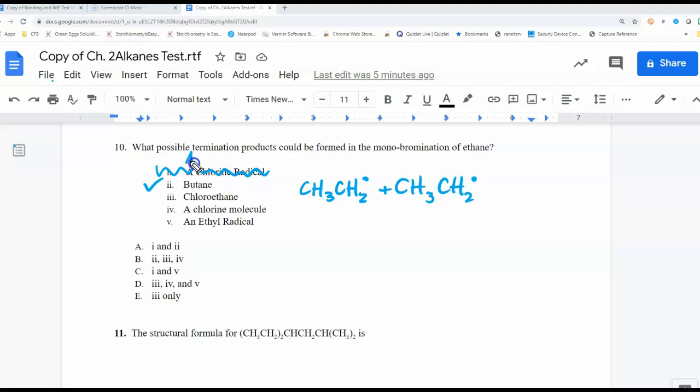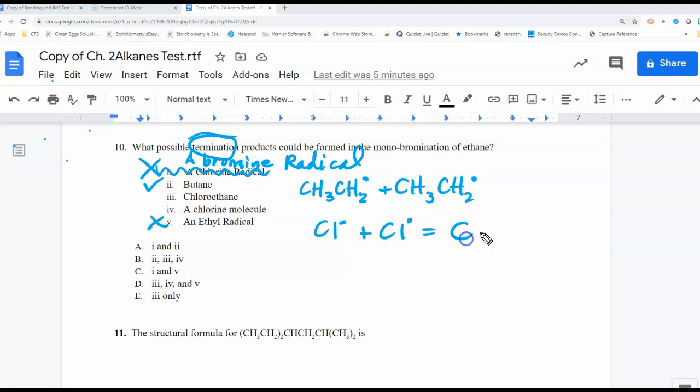So this would have been a bromine radical. And that would be wrong anyway, because in a termination, you're not going to have the radicals formed. So that means we get to also get rid of an ethyl radical as well. Might we make a chlorine molecule?